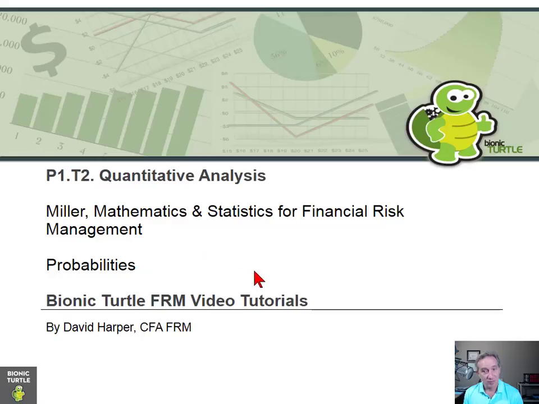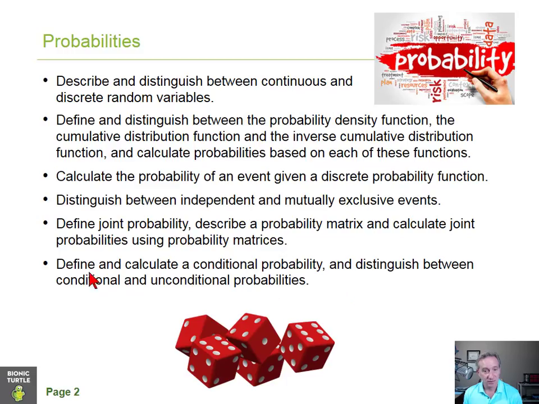Michael Miller has now been the assigned author for this portion of statistics for several years in the FRM syllabus. So it is seasoned, and it also contains several highly testable concepts, I would say, on the one hand. And also, just as importantly, on the other hand, many of these concepts show up later, or they are embedded in concepts that are later applied in the financial context, right?